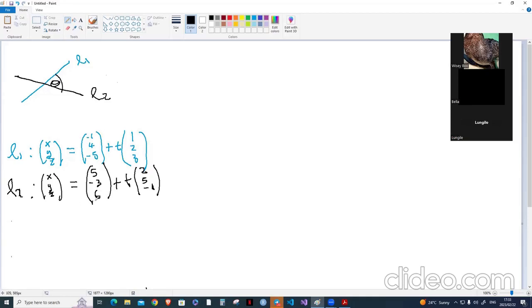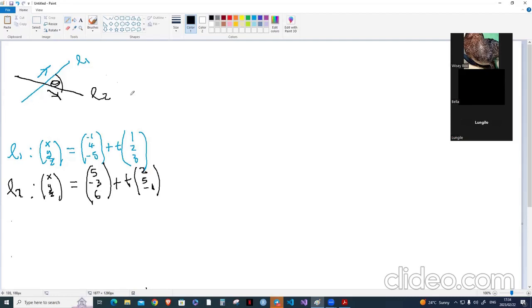We can make use of these two vectors, because we know how to find the angle between vectors. There's a vector parallel to the line L1, and another vector parallel to L2.